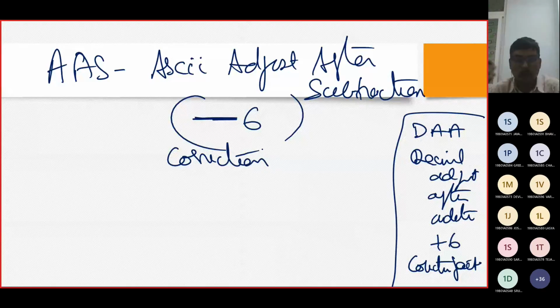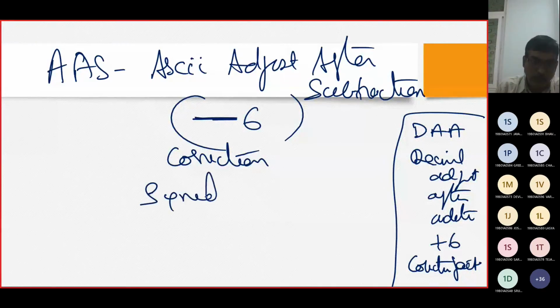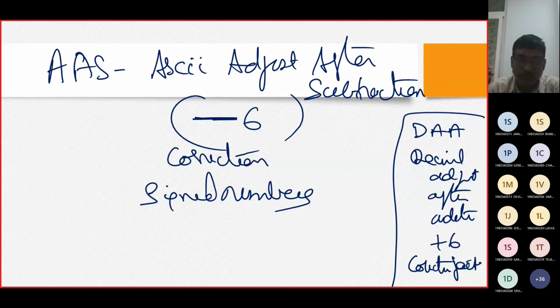We reduce one number. This is especially used when we are working with signed numbers. When we work with signed numbers, at that time we use this ASCII adjust after subtraction.